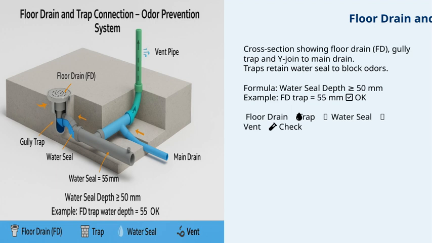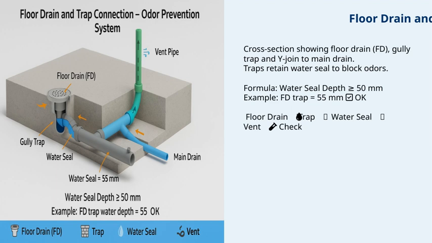A key point to remember is the water seal depth. The formula is simple. The water seal depth should be at least 50 millimeters. For example, if we have a floor drain trap that is 55 millimeters deep, that meets the requirement and is marked as white heavy checkmark OK. These details might seem small, but they are crucial for maintaining a hygienic and odor-free environment.